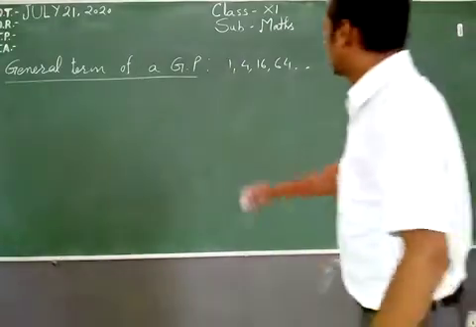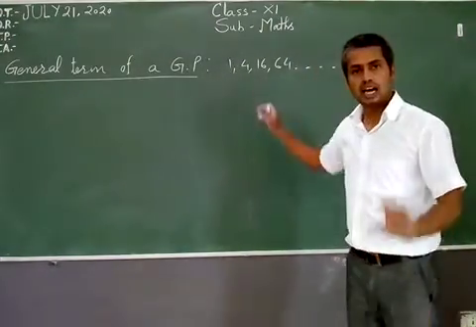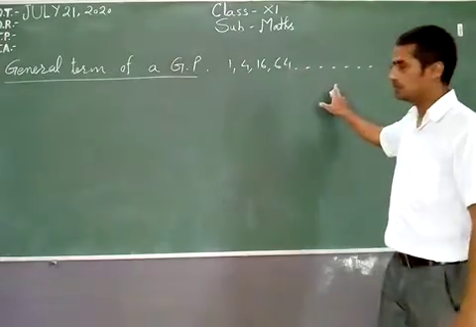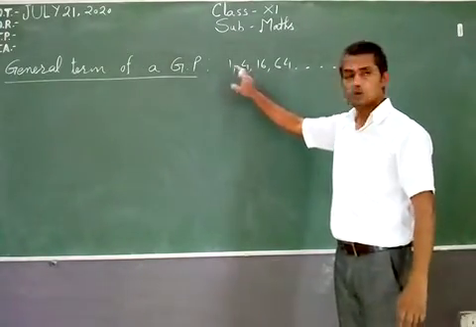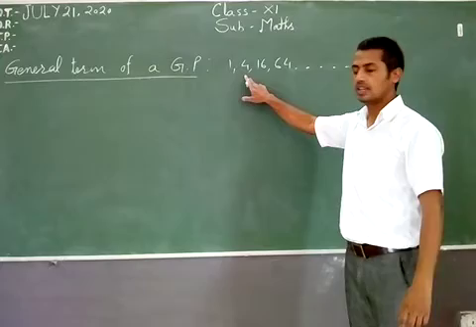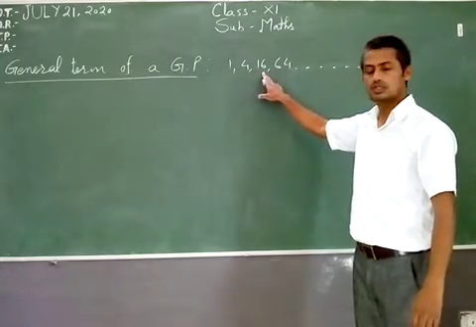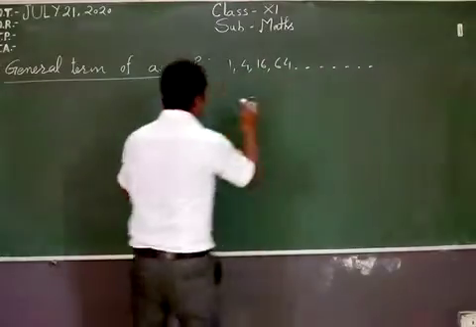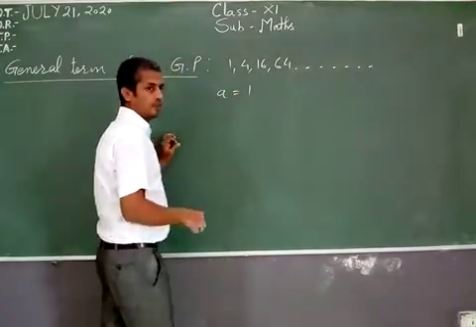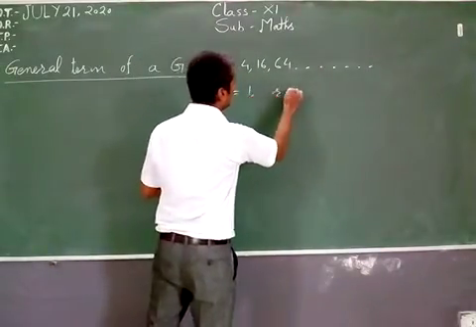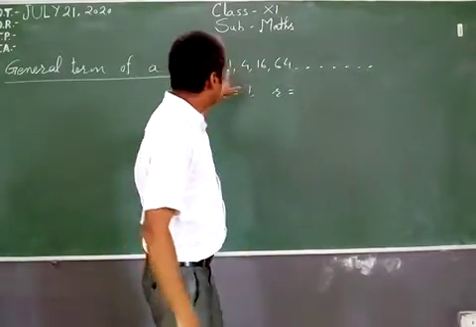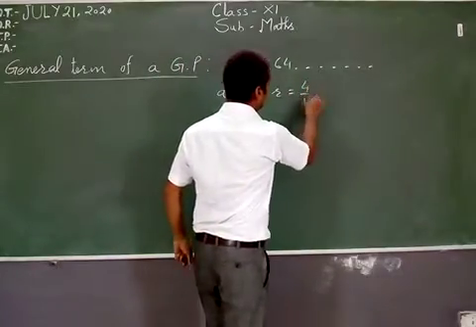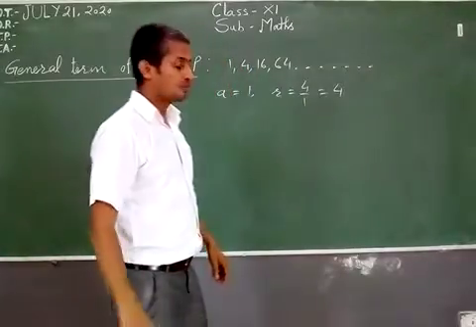Now we will discuss how we can find the ninth term of a given GP. This is a GP whose first term is 1, second term 4, third term 16 and fourth term 64. So we have first term 1, and the common ratio we can find as the second term divided by the first, 4 divided by 1 equals 4.